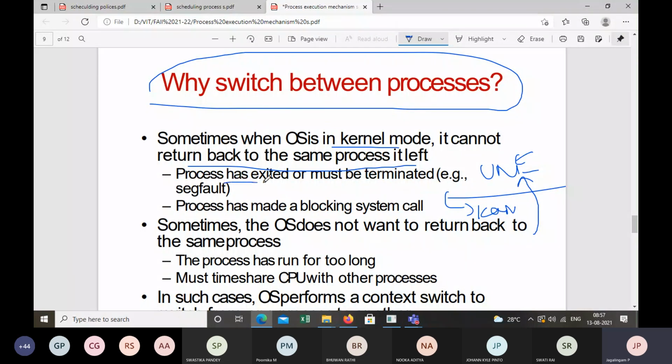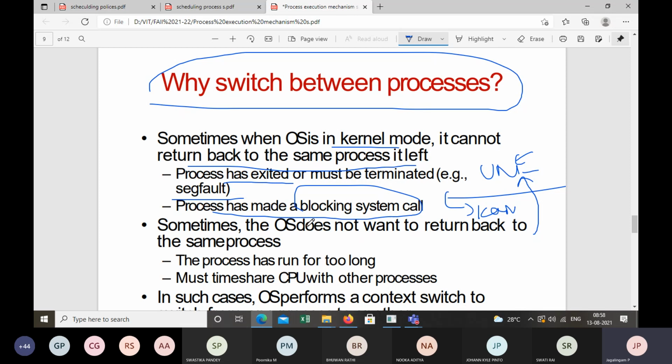One is that the process may be terminated because of a segmentation fault. Therefore, the process is no longer available for execution, and the operating system does not go back to it. Or the process made a blocking system call, that is, the process needs some data from the disk, so it went to the blocking state.